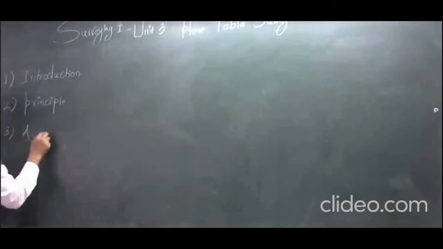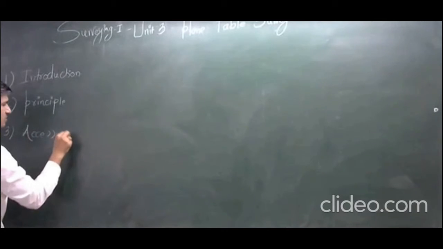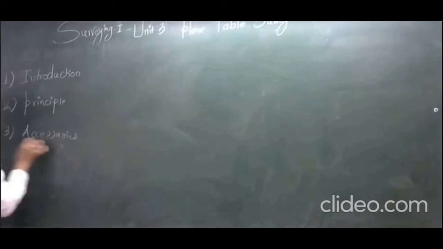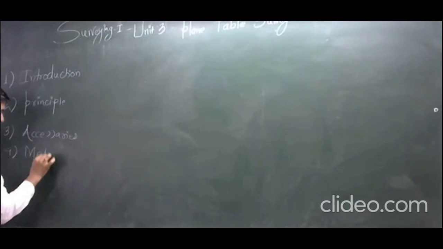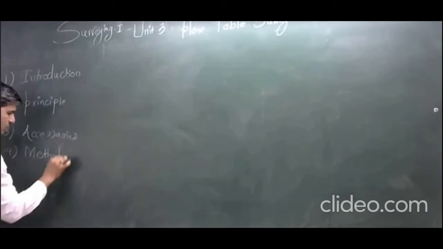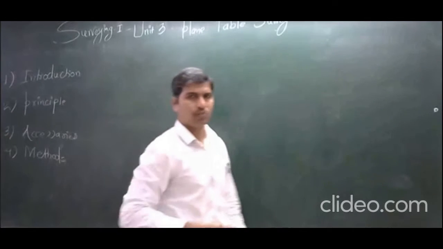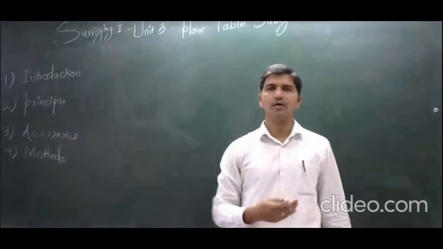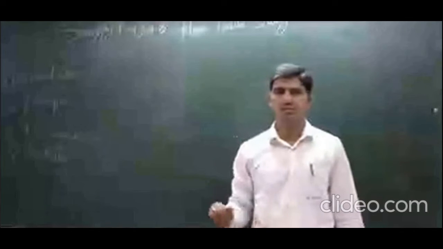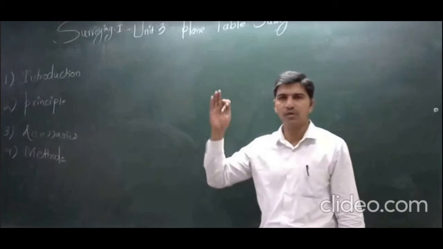Next will be the accessories of plane table, and methods involved in plane table survey. So these are the 4 main points that we will study while studying unit number 3.